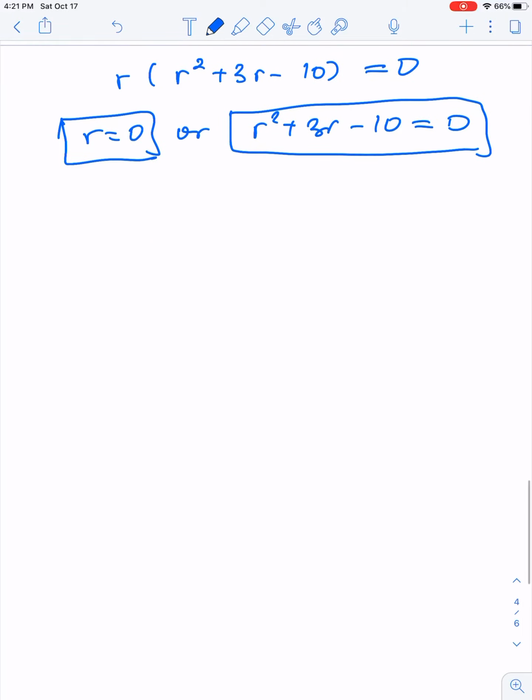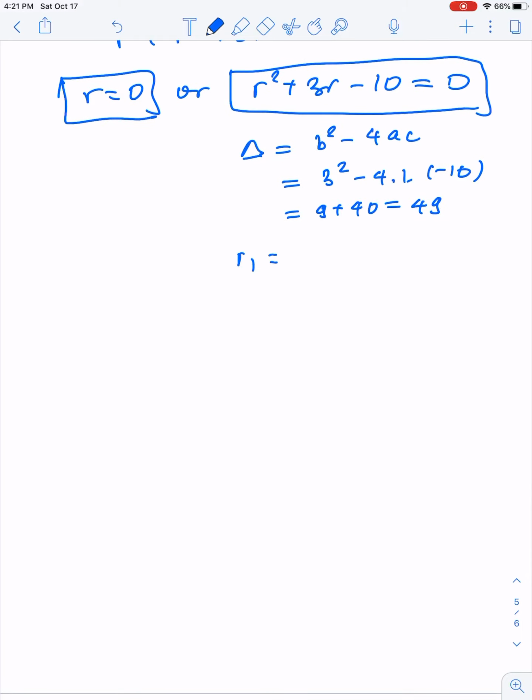You can solve it by using the delta notation that I told you in the last lecture. Delta equals b squared minus 4ac, just 3 squared minus 4 times 1 times minus 10, which is 9 plus 40, which is 49. Okay, and then r1. So I denote this one by r1, and the two roots of this equation I will call r2 and r3. So r2 would be equal to negative b plus square root of delta divided by 2a, right?